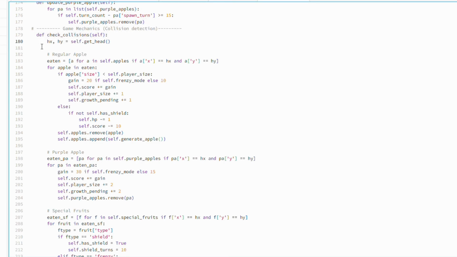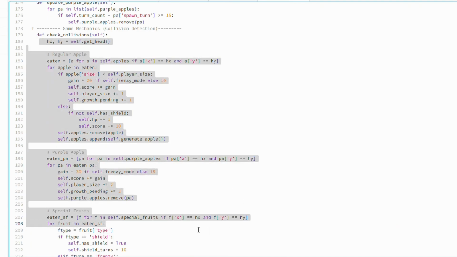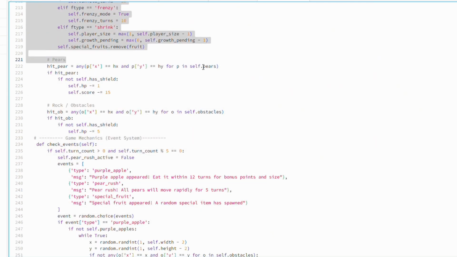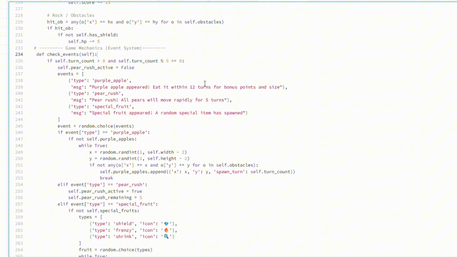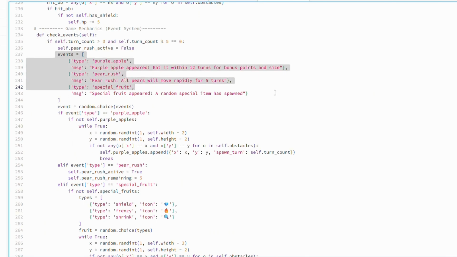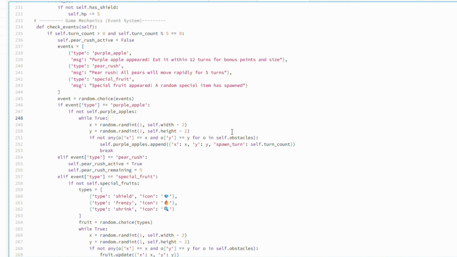Its main function is to handle what's going to happen to the player after they collide with an object. And we also have the important event system. There are three main events, and these events will occur randomly every time the user takes 5 steps.